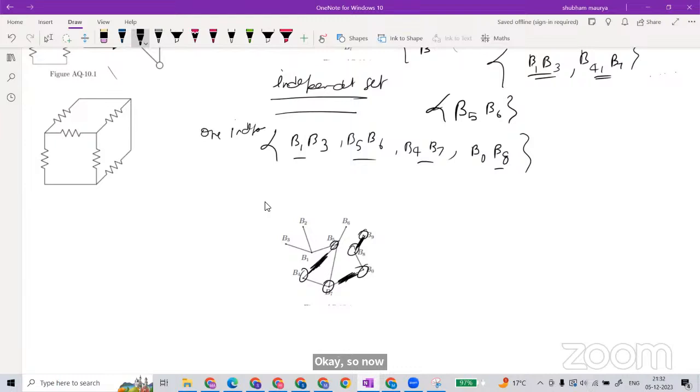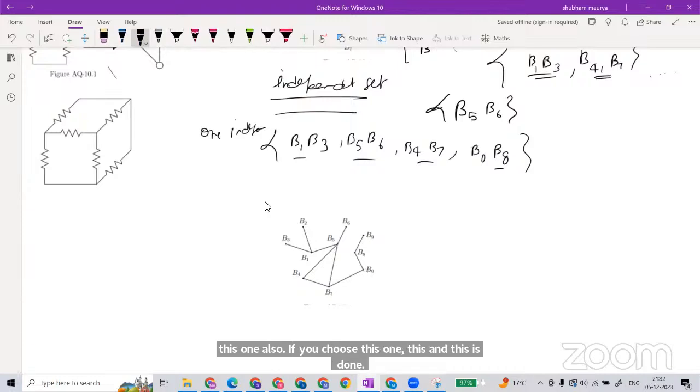We cannot choose this edge anyhow, so we should not choose this edge. If he chooses this one, this is done. So how can we find the maximum independent set? Now, anyone?